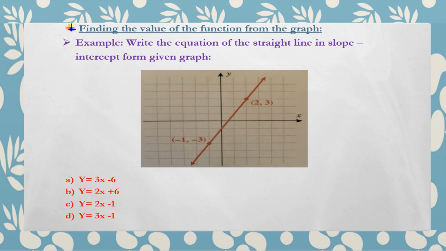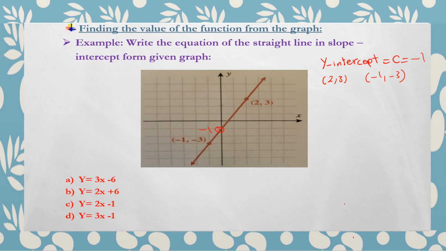Example, write the equation of the straight line in slope-intercept form from a given graph. From the graph, we can get first the y-intercept, or c. So the y-intercept, which equals c, equals -1, as the line intersects the y-axis at the point -1. And from the graph we get 2 points also, which are (2, -3) and (-1, 3).